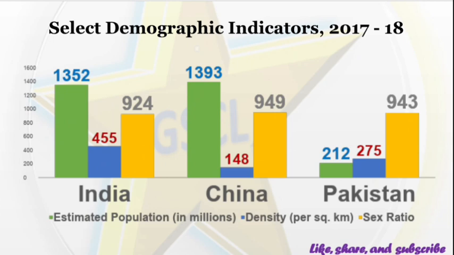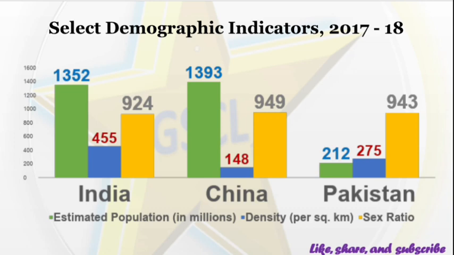It has been mentioned in millions. The population of India at those years stood at 1352 millions. China's population was at 1393 millions and Pakistan's population was 212 millions. You can notice that among the three at that time it was China with highest population.